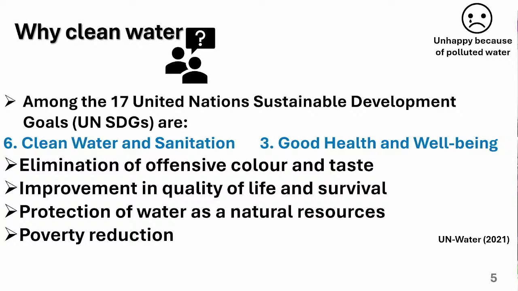80% of water systems in the world have been contaminated with one form of pollutant or the other. And we need to also conserve water as a natural resource, and that's one of the reasons why clean water is important. Clean water has been associated with poverty reduction.